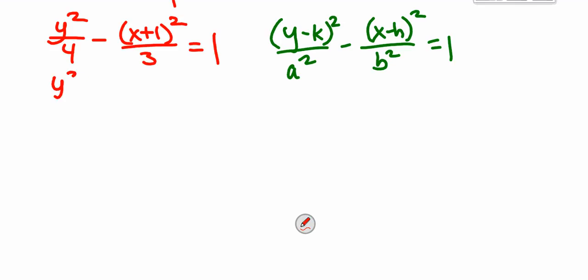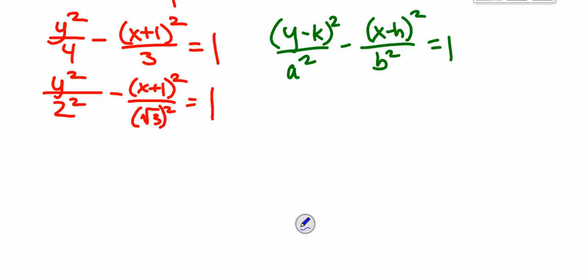So that's y squared over 2 squared minus x plus 1 in parentheses squared over the square root of 3 squared equals 1. And then that gives me that a is equal to 2, and that's going to go up and down because the y is first. And then b equals the square root of 3, and that's going to go to the left or right.